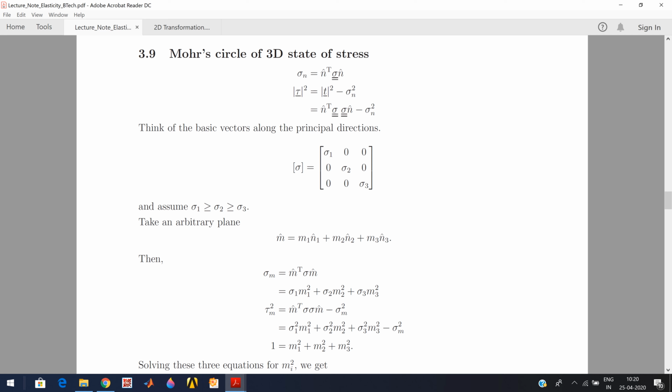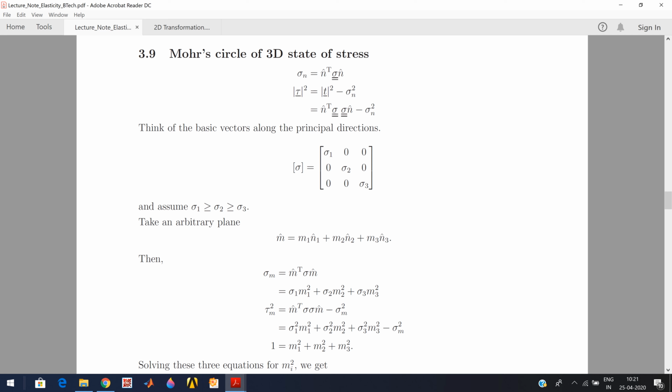So to start with, let us think again of the stress tensor defined with respect to the principal directions as the basis vectors, so that we have the diagonal matrix to represent the stress tensor sigma, and the diagonal elements will be the eigenvalues or the principal stresses sigma 1, sigma 2, and sigma 3.